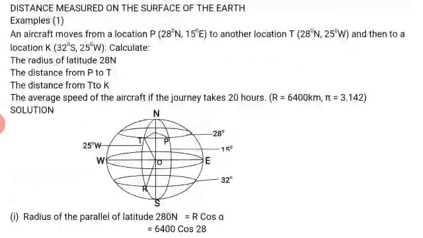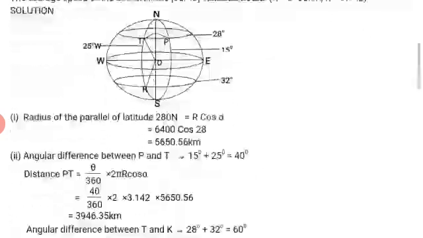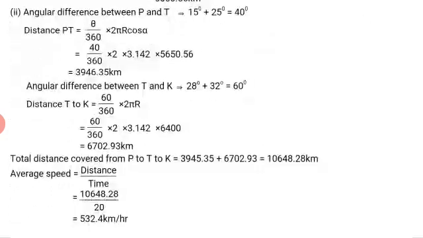The last question now asks us to find the average speed of the aircraft if the journey takes 20 hours. Now we need to know the total distance covered.